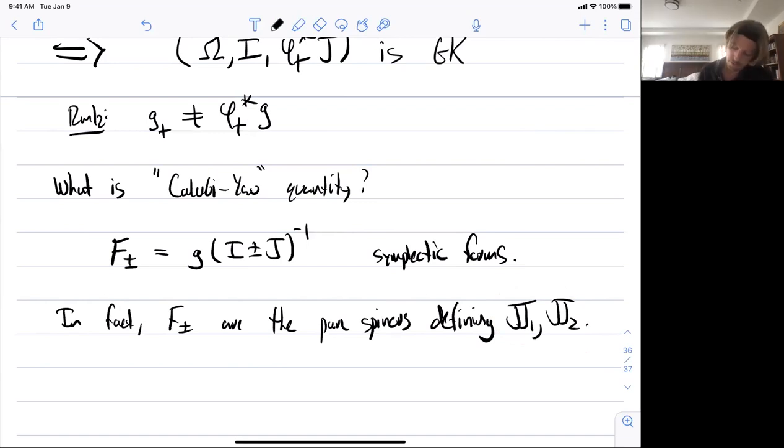So both generalized complex structures are of symplectic type using these two symplectic forms. Okay.